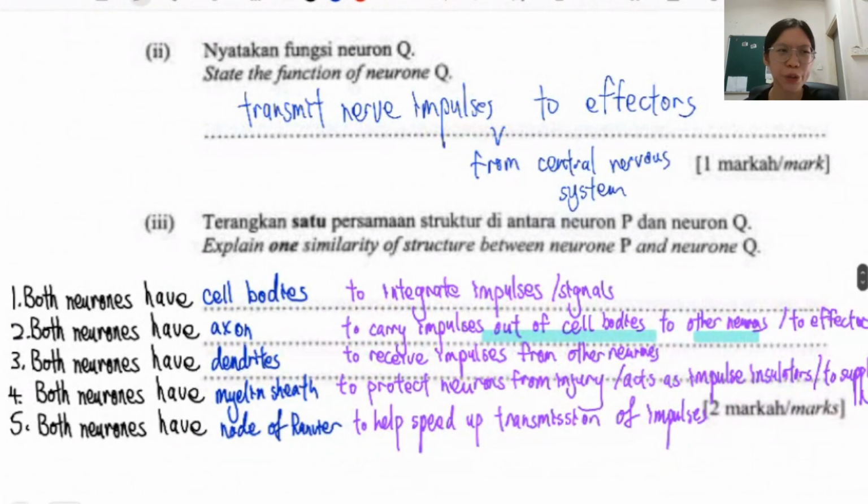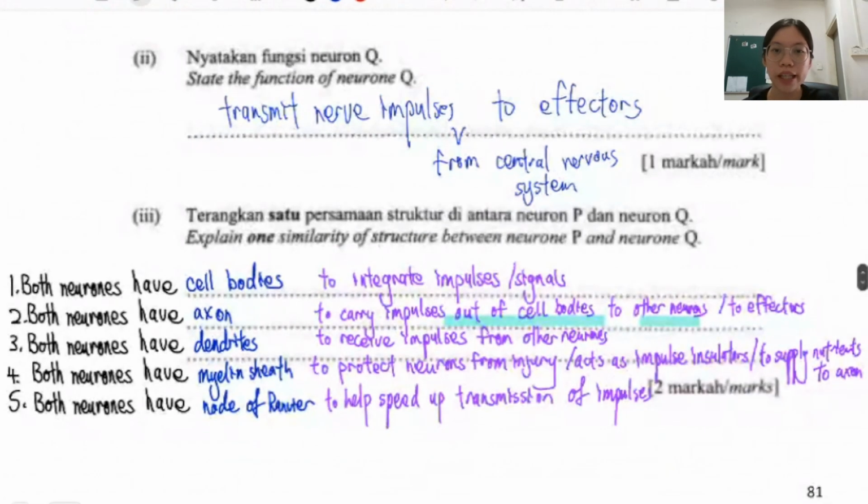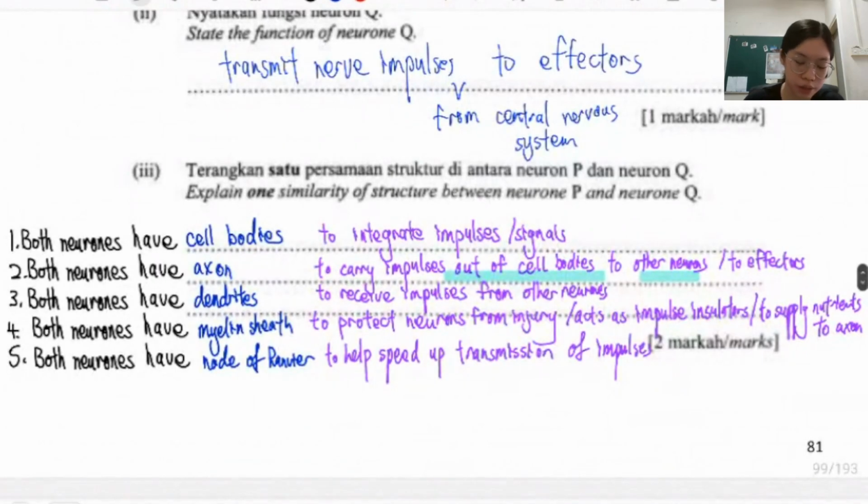Last but not least, why is there a gap where suddenly there is no myelin sheath? It is to speed up the transmission of impulses. So normally they mark the similarity for 1 mark, and they see whether you can explain it correctly based on the similarity you mentioned.